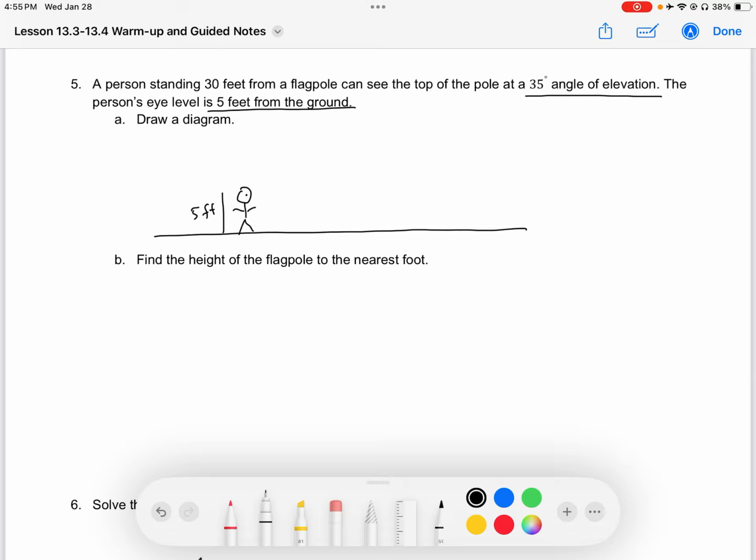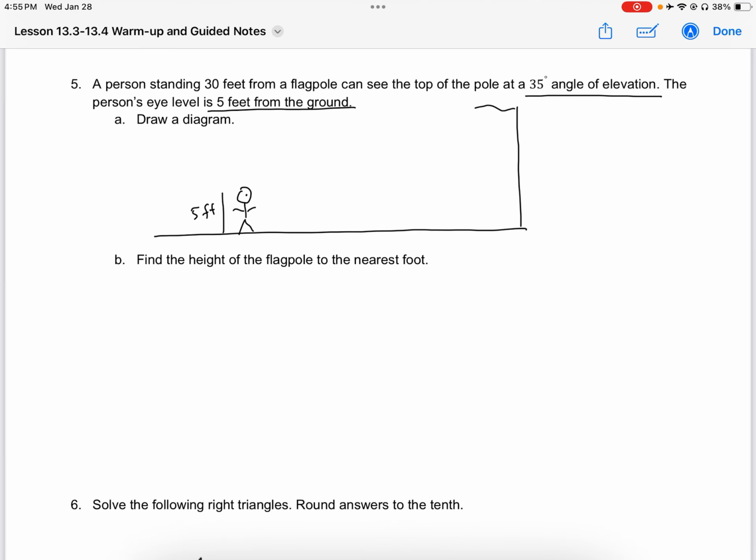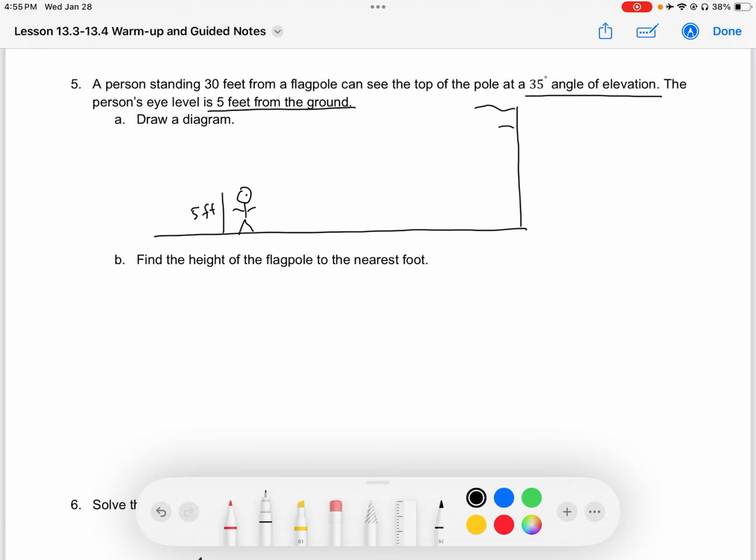They can see the top of a flagpole. So we've got a flagpole here. Let's draw a little flag. Maybe it's celebrating love and happiness. So we've got that nice little flag. We know that they're standing 30 feet from the flagpole.